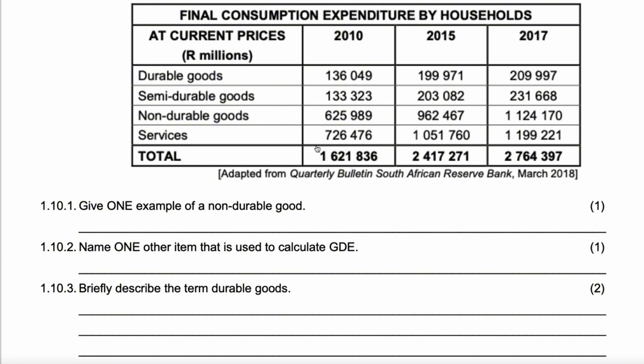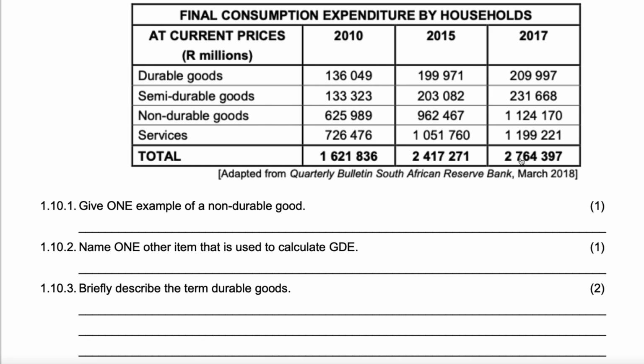Our services in 2017 is 1,199,221, and remember to put R and M in front of the 1. Then divided by 2,764 and whatever, M. If we put a million in front, that would be 6 zeros, billion, trillion. So this is basically 1.1 trillion or 1.2 trillion if you want to round it off.